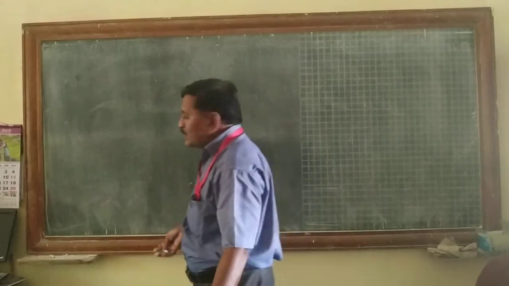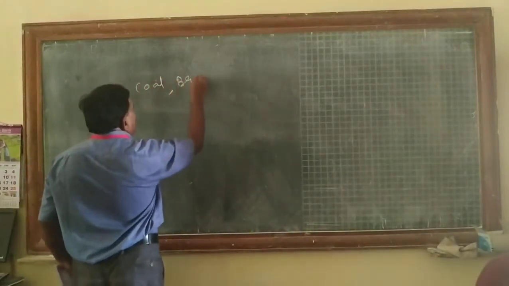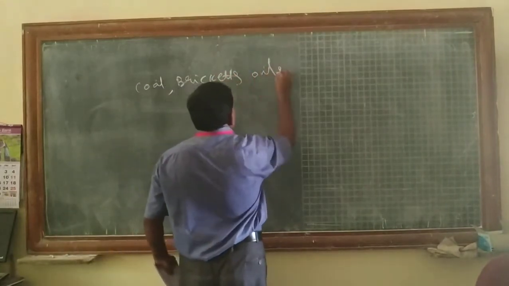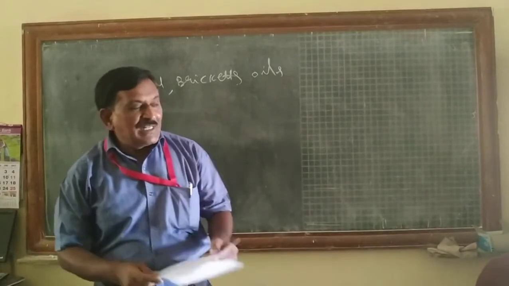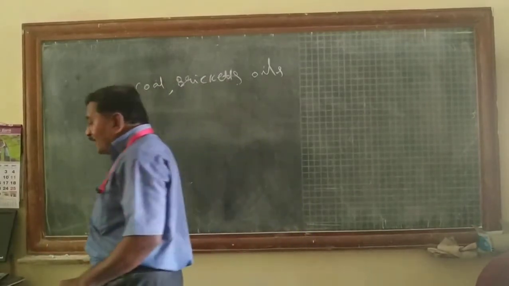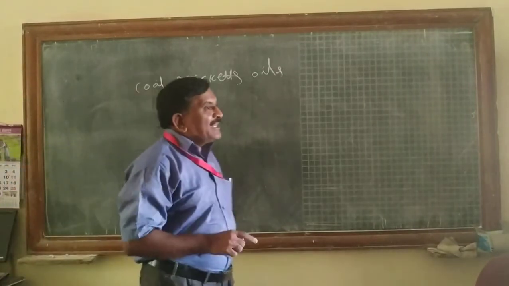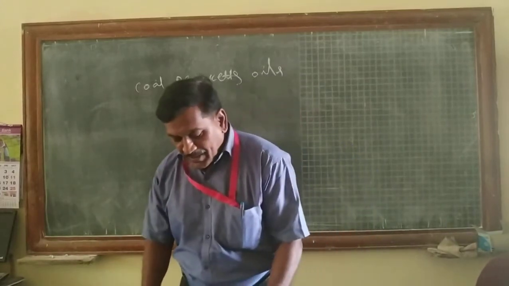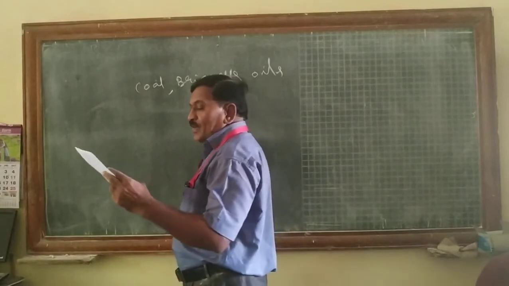Fossil fuels are, for example, coal, briquettes or oils. By burning these fuels we get energy, that is, chemical energy will be converted into electrical energy. So this is the function of the fuel cells.